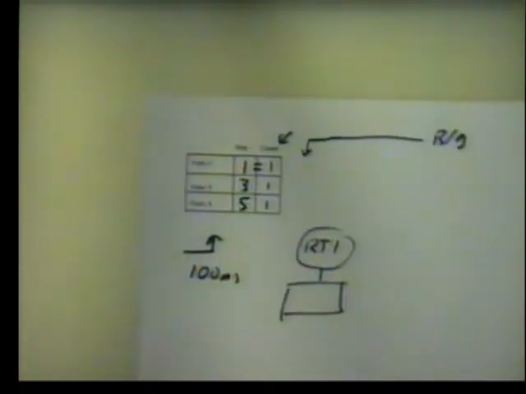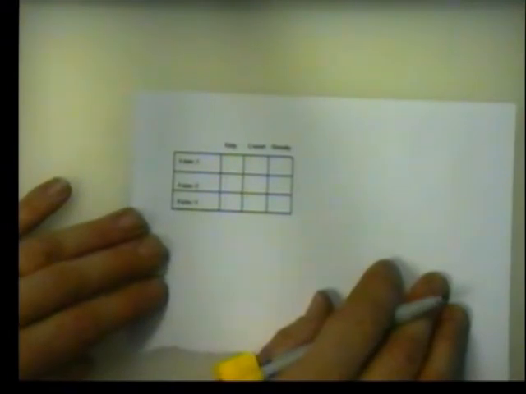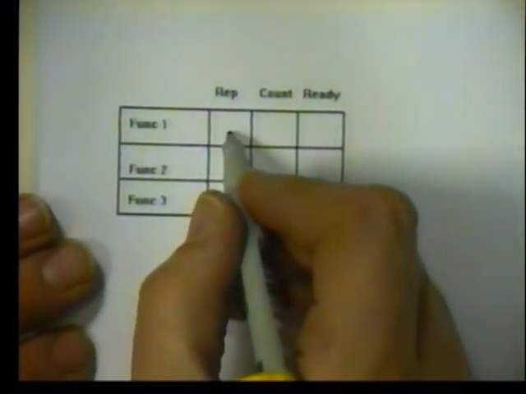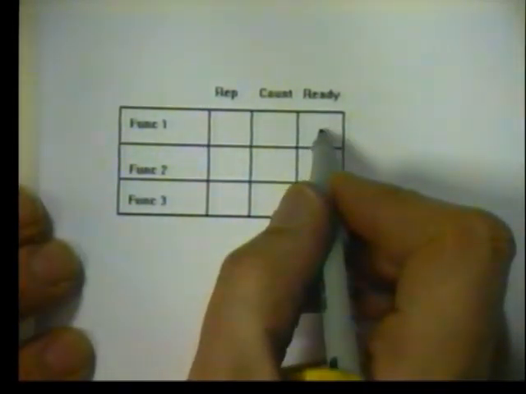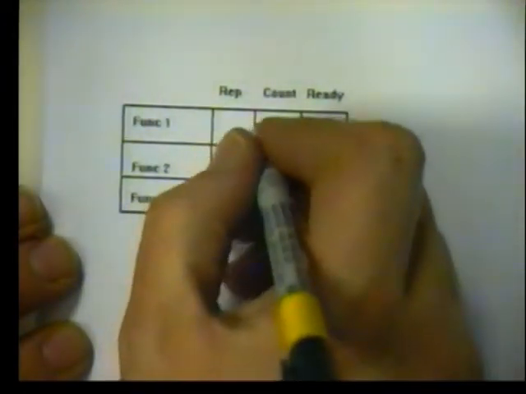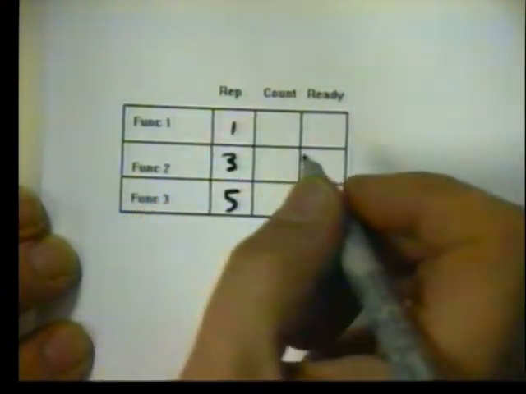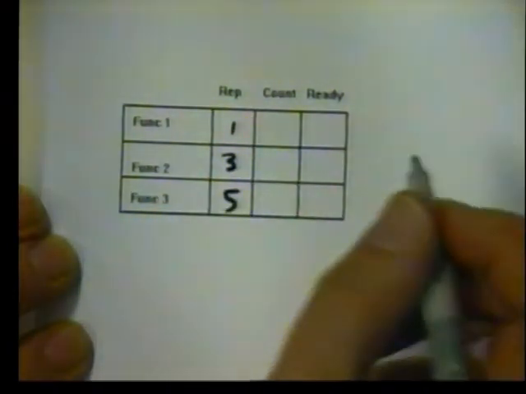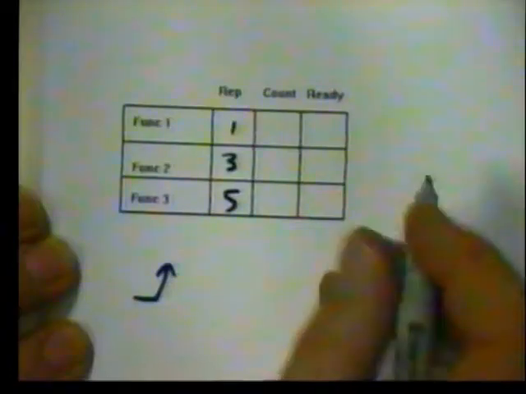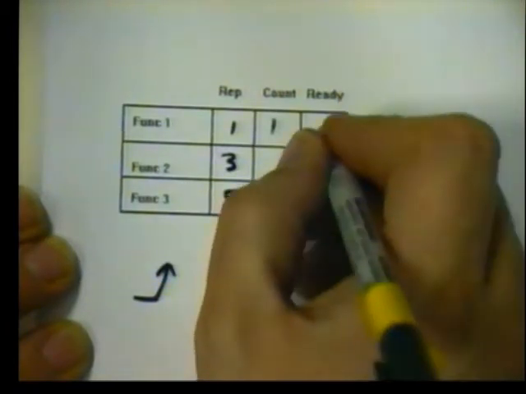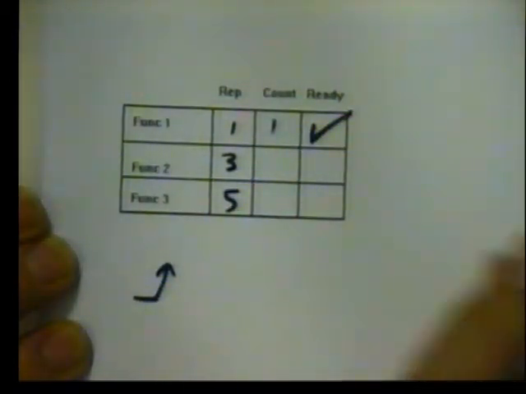So to make that easier to handle, in an array, we extended the array to have a repetition, a count, and a flag, a signal. Now the repetition rate again would be 1, 3 and 5 for 100 milliseconds, 300 and 500. On the first interrupt, that would go to a 1, because that was a 1 and that was a 1, that was signalled true.